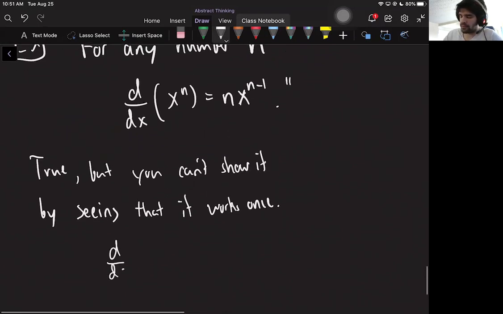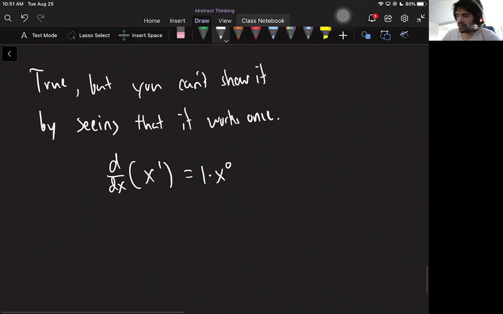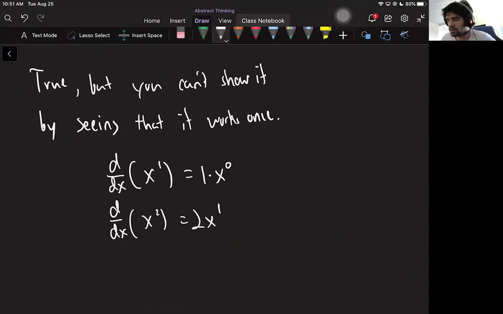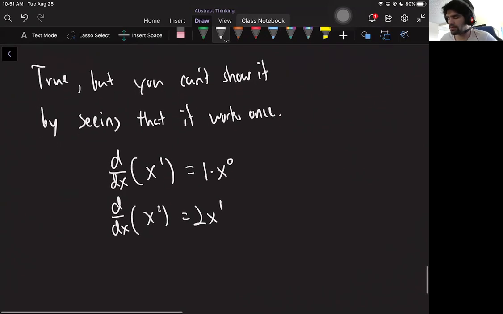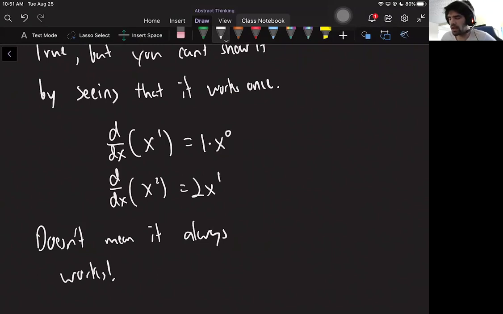So you could say, okay, well, I know if the power is 1, it's going to work. And I know if the power is 2, it's going to work. But that doesn't mean it works for all the other ones. You still have to see why it works.